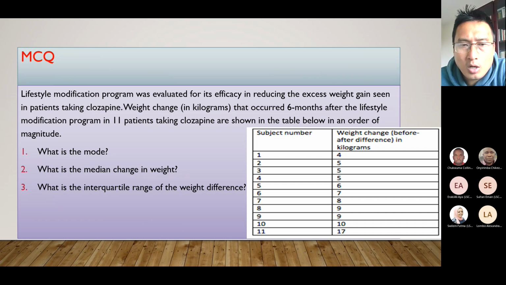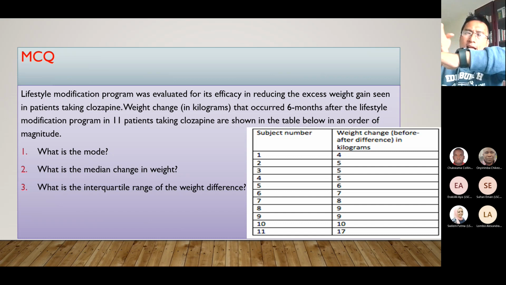Is anyone clear what this interquartile range is? Has anyone heard this term before? Interquartile range. Remember, if there is a normal distribution, 50% is the median. Between 50 and 100, there's 75.